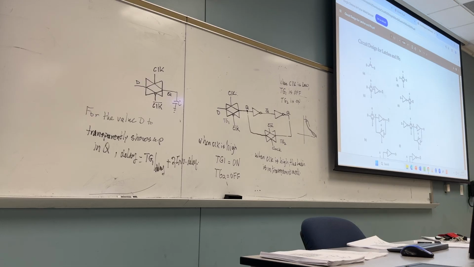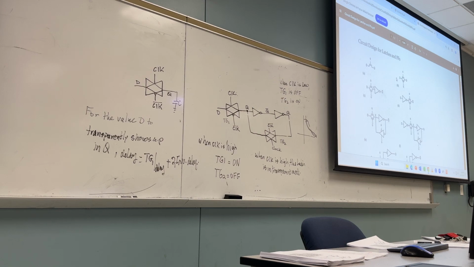I'm waiting for a response. Oh. I'm exhausted. Why? The previous Q could be 0, and the present D is 1. If both TGs are operating at the same time, why are they operating at the same time?